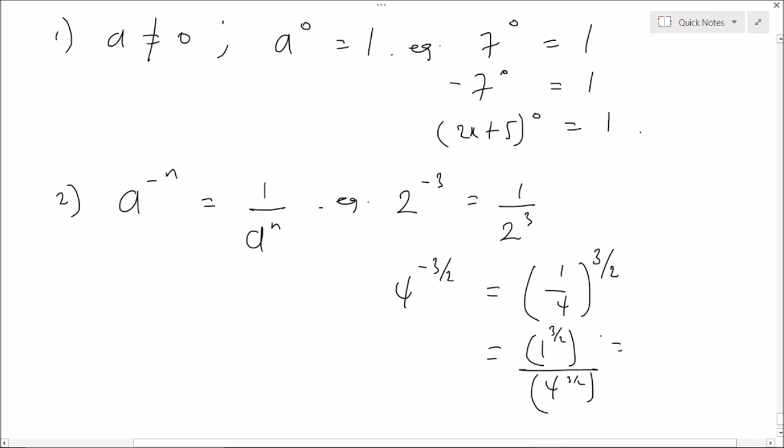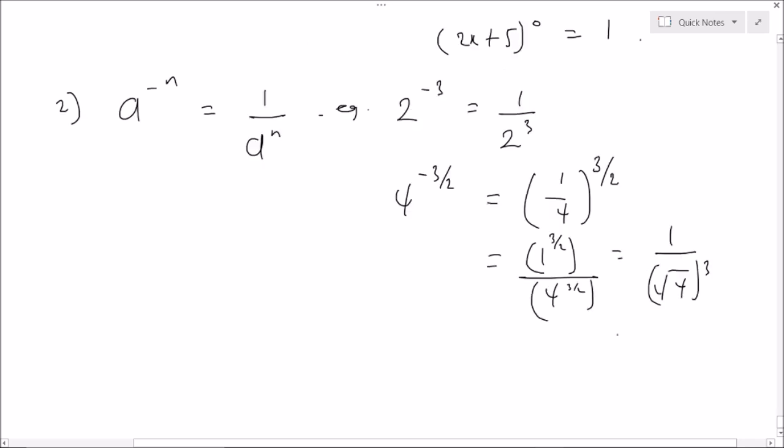You know, 1 exponent 3 over 2 is the same as 1. 4 exponent 3 over 2 is the same as the square root of 4, all cubed. This gives us 1 over 2 cubed. And finally, we have 1 over 8.